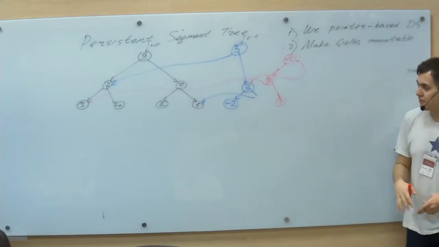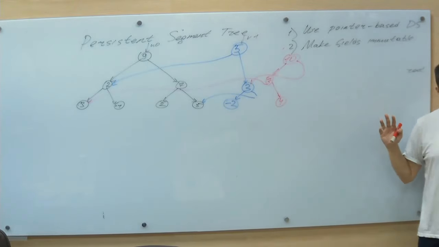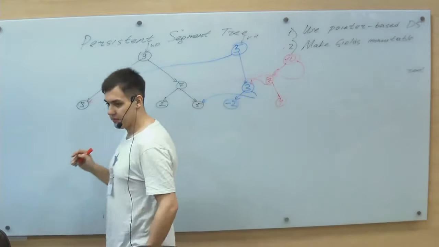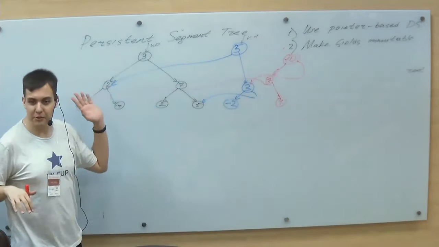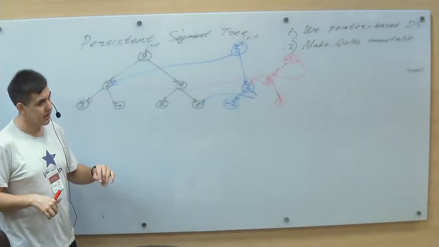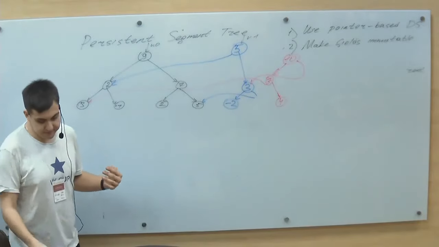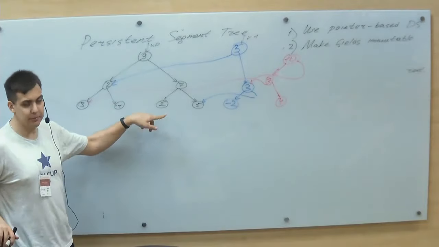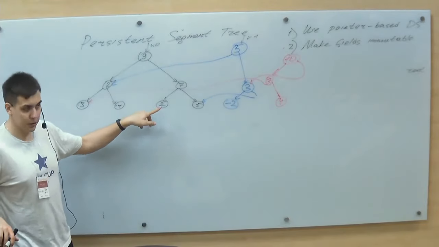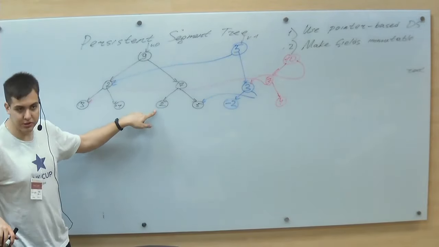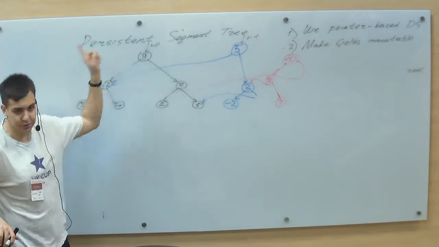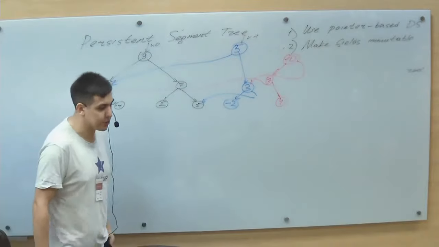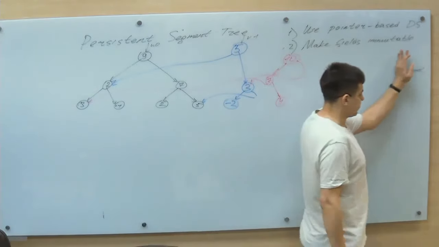It might become difficult to follow these links, especially after a couple more operations. But on each operation, when we modify some leaf, we will copy all the nodes on the path from this leaf to the root. And the new root will correspond to the new version. So the runtime is still the same.